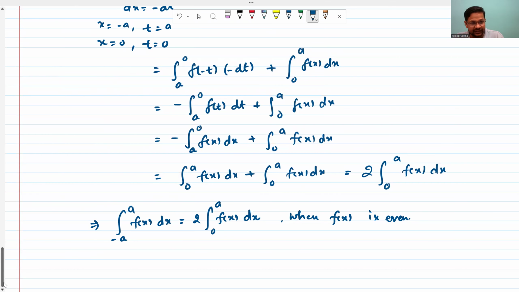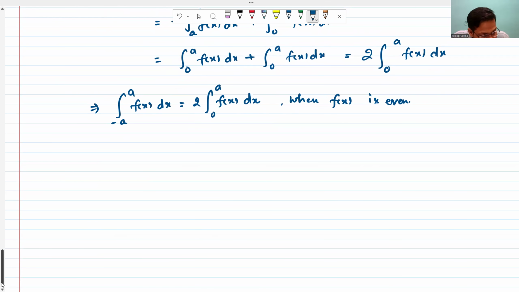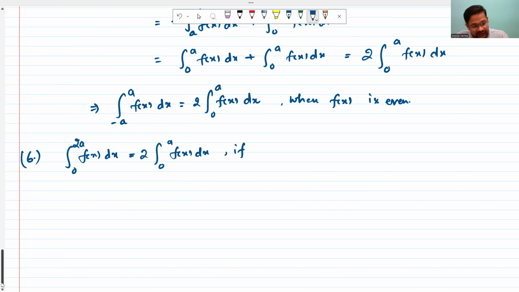If the period is 2a, and you have the integral from 0 to 2a of f(x) dx, then this will be equal to 2 times the integral from 0 to a of f(x) dx if f of 2a minus x is equal to f(x), and it will be equal to 0 if f of 2a minus x is equal to minus f(x).